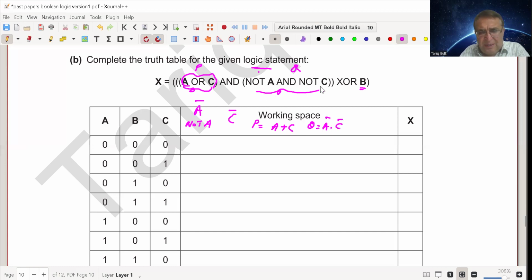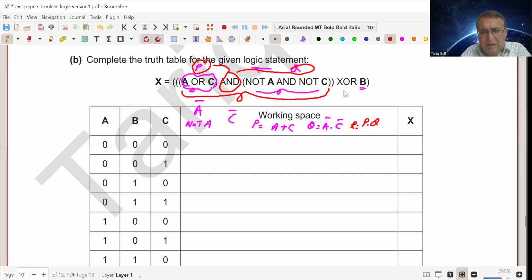Then what you have to do is get this P and then Q. So then P and Q, you may call it R, which is P into Q. So you have got all these sub-expressions.